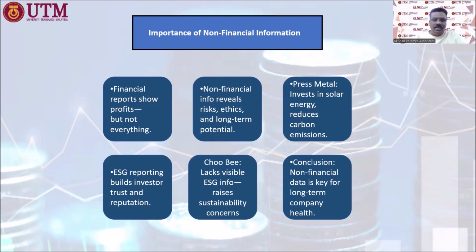On the other hand, Chubi Metal doesn't publish much about environmental or social impact, which could raise a red flag for stakeholders who care about ESG. So in short, non-financial information adds crucial insight into a company's long-term potential and reputation, which sometimes financial numbers alone can't show.